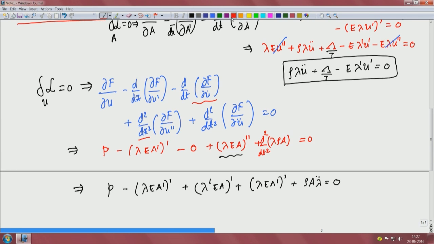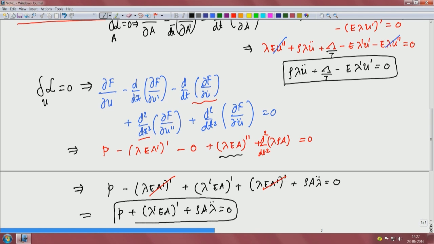Now, we see that this and this get cancelled. So, what I get here is P plus lambda prime E A prime plus rho A lambda double dot equal to 0. This is our adjoint equation.